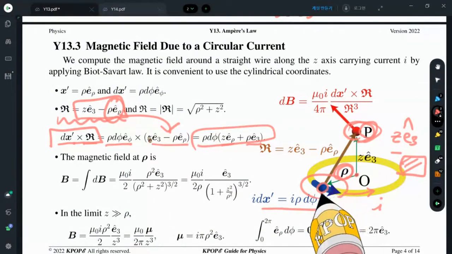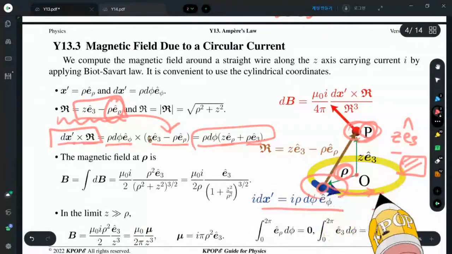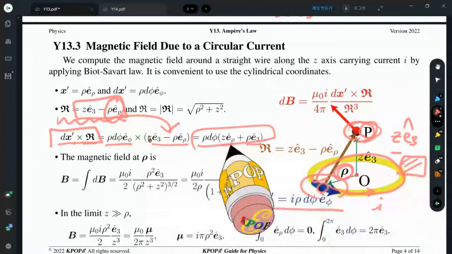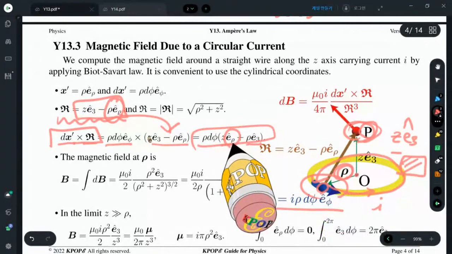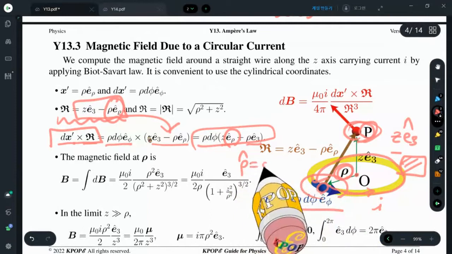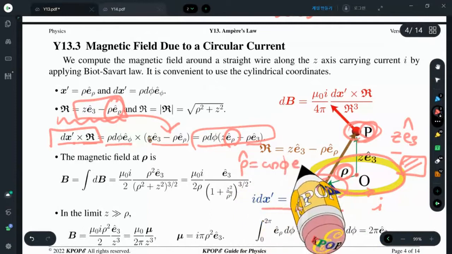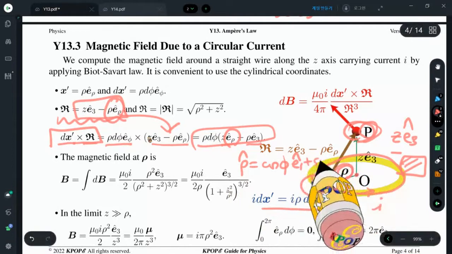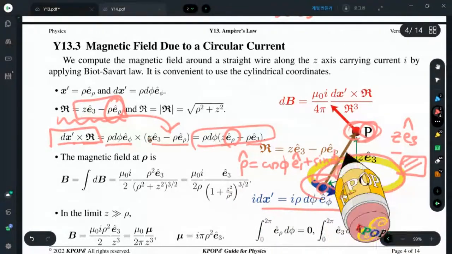And then we integrate over a circle. You will find this e_rho hat has cosine phi e1 hat plus sine phi e2 hat.